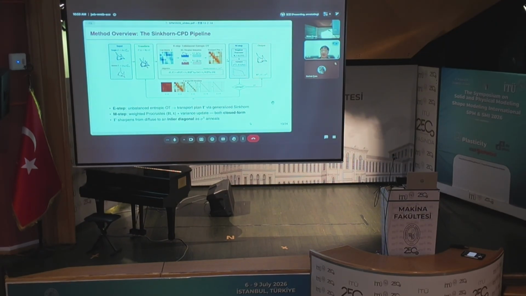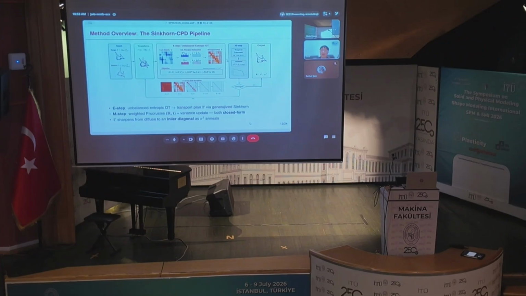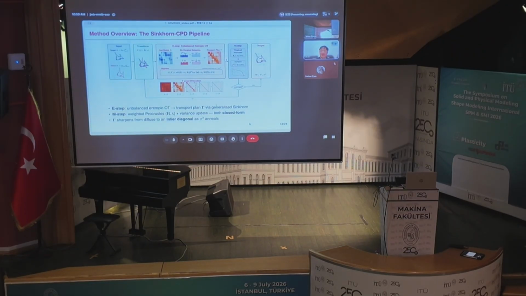Here is the algorithm. It is EM, the same as CPD. In the E step, we build the cost matrix and we run generalized Sinkhorn iteration. This gives us the transport plan. In the M step, we solve a problem with SVD.